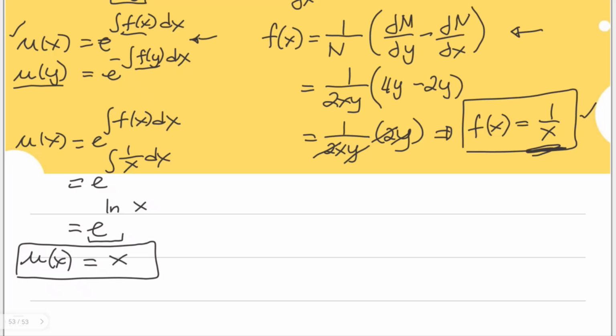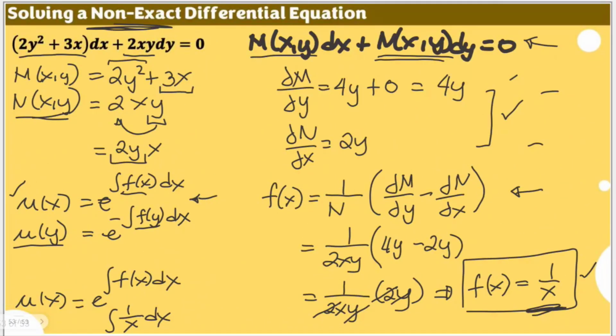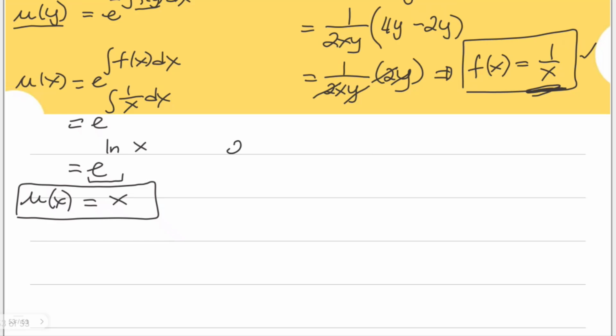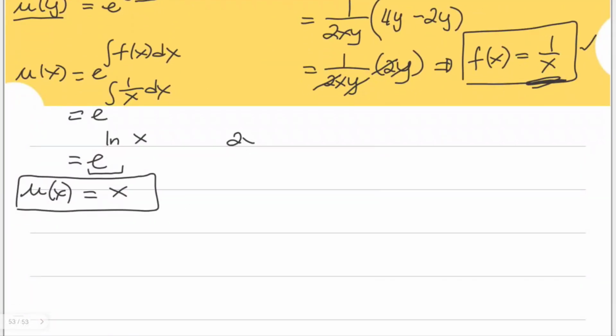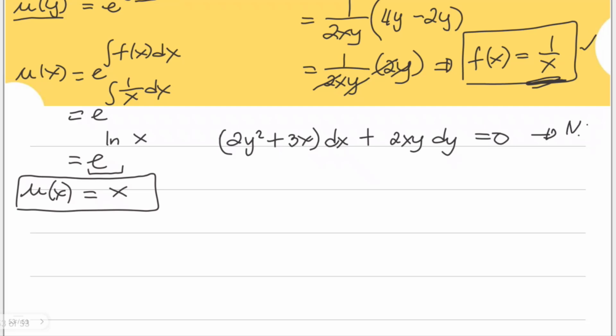This again will be multiplied to our entire equation. Let's rewrite this equation here. You have 2y squared plus 3x, this is your dx, plus 2xy dy equal to 0. And this was non-exact.